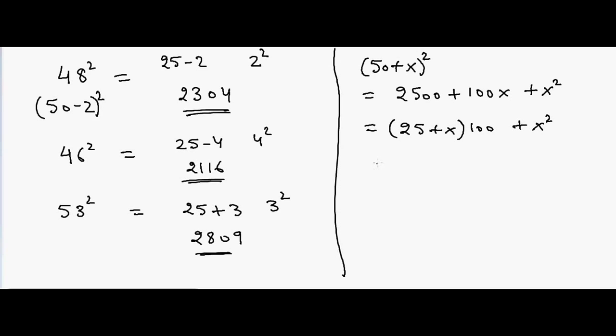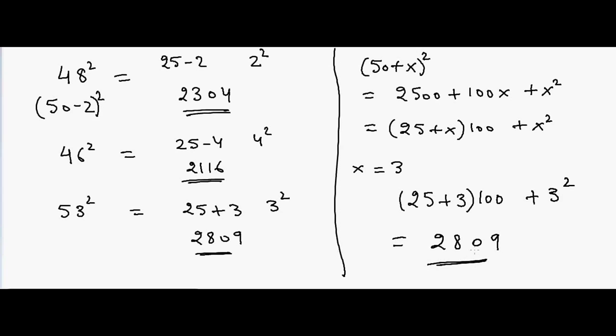Now as you can see, if x is equal to 3, then I'm adding 25 plus 3, and then I'm adding 3 square. So the answer is equal to 2809. This is how this trick works. It's based on a plus b whole square.